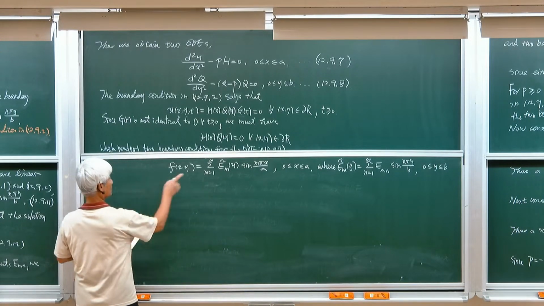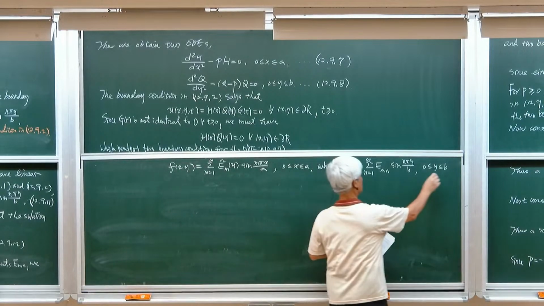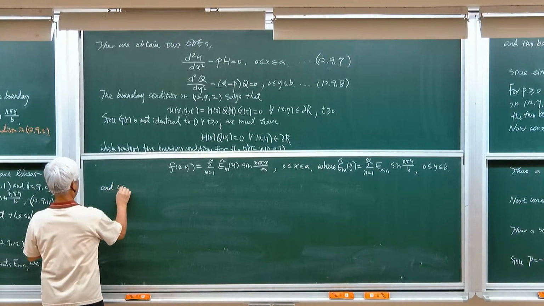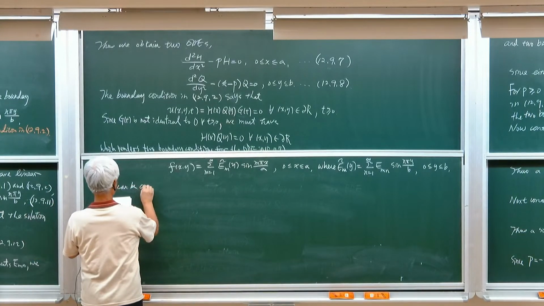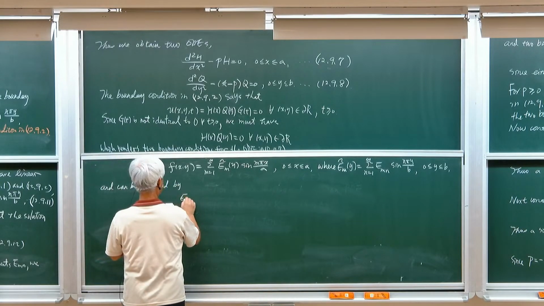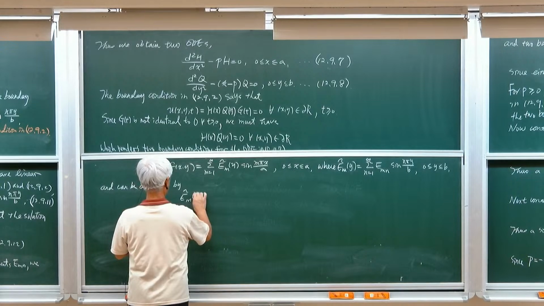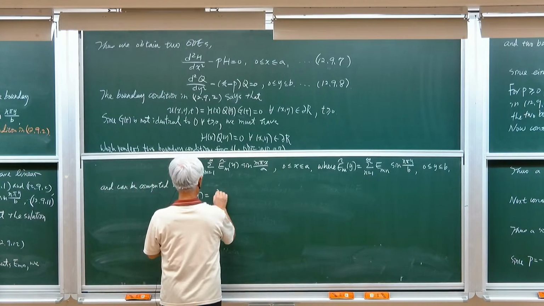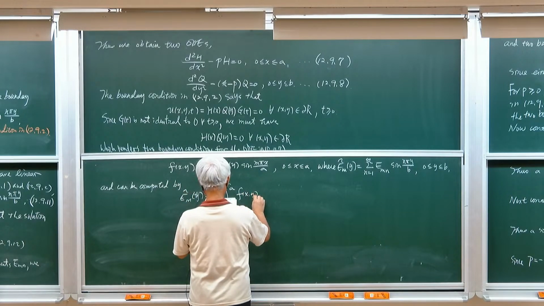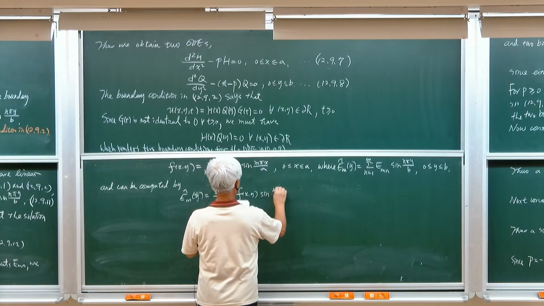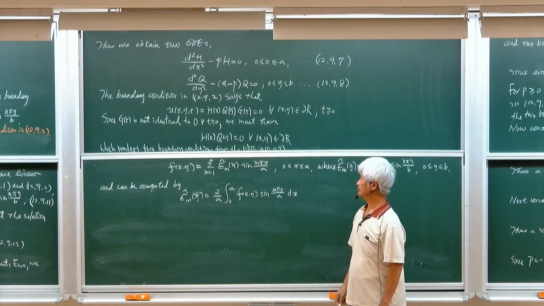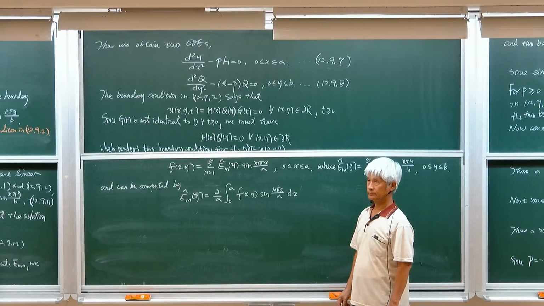Alright, and so this function of y can be computed by here. So E_m tilde(y) is 2 divided by a, integral from 0 to a of f(x, y) sine m pi x divided by a dx. Okay.